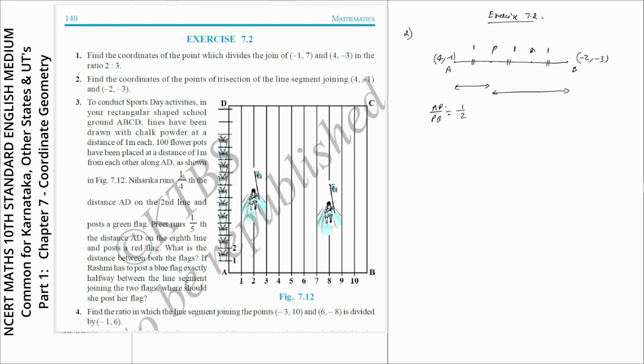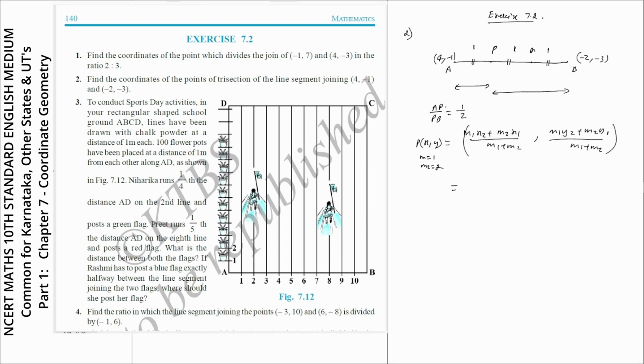Therefore the coordinates of P, P of x, y is equal to, here m1 is 1 and m2 is 2. So substitute the values of m1, m2 here. Now what is the formula first? Write the formula first: m1 x2 plus m2 x1 by m1 plus m2, m1 y2 plus m2 y1 by m1 plus m2.